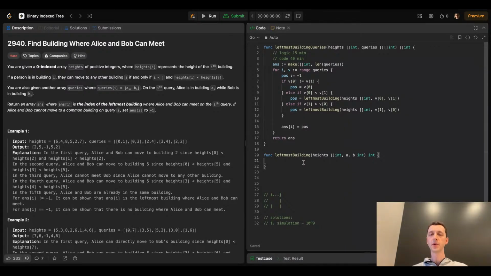Okay, so in this, we will go for range over the heights, but we're not gonna just range over the heights. We're gonna start with B, with I less than the length of heights, I plus plus.